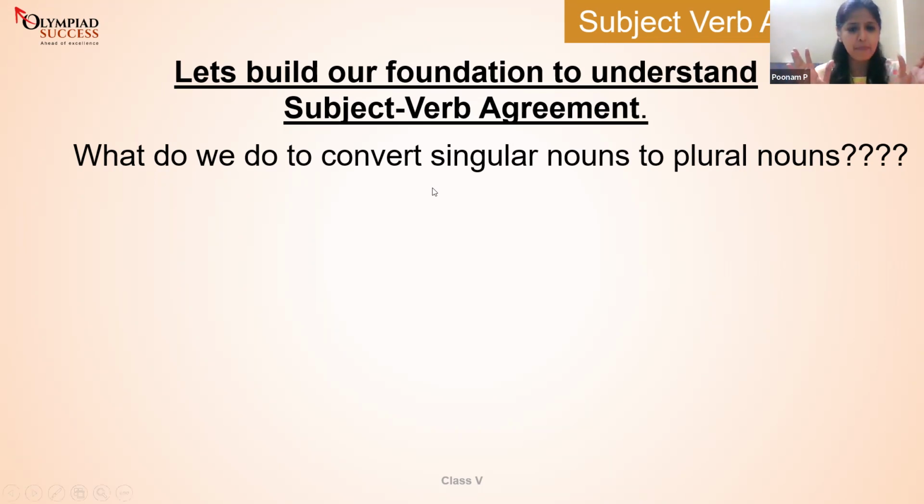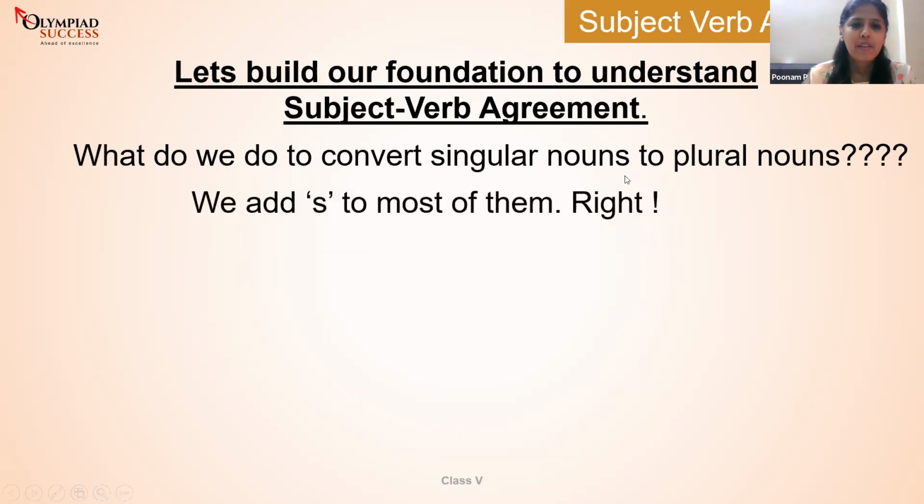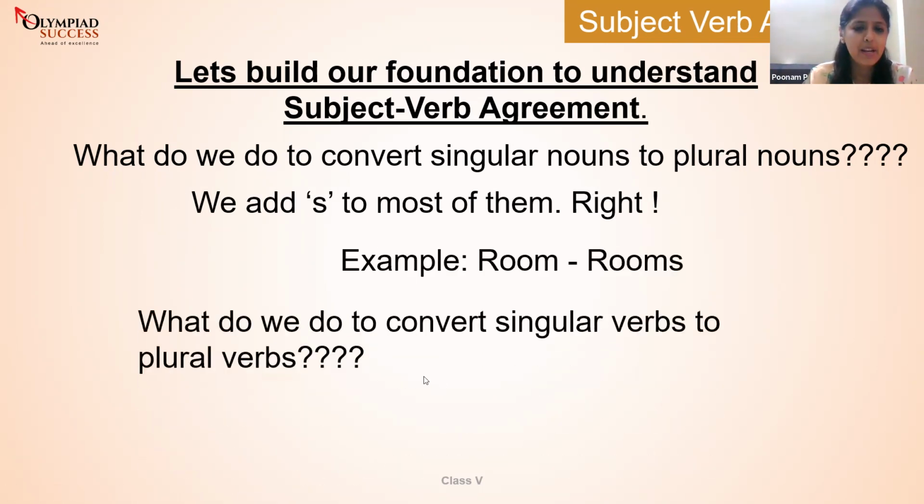And most of the time, we add something to make a plural noun. Can you please send me on chat, which letter do we add? S, ES or IES. Very nice, Darsh. The most common is S. We just add S to it. For example, room, rooms, boy, boys, laptop, laptops.